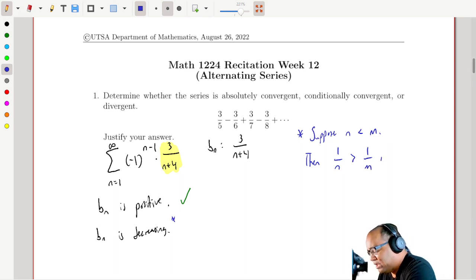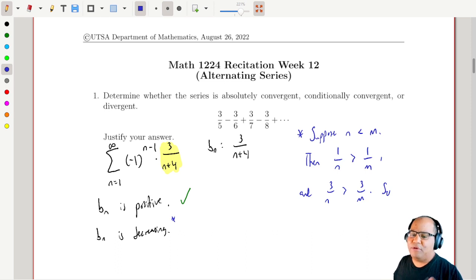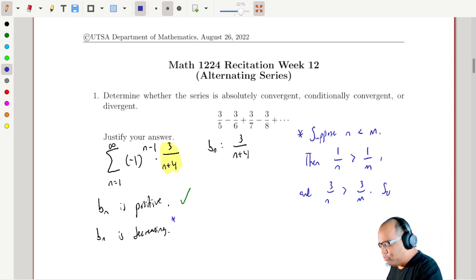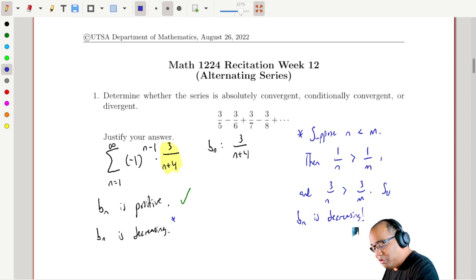Now I can multiply by 3, and 3 over n is bigger than 3 over m. So, doing an appropriate index shift here, if you replace n with n plus 4, and likewise m with m plus 4, we have that Bn is decreasing. That's just using inequalities, one way you can do that.